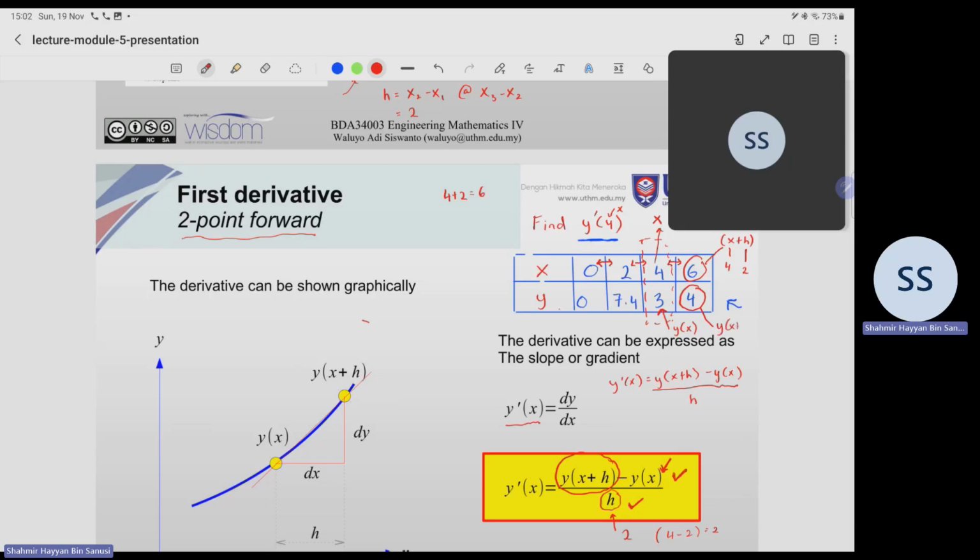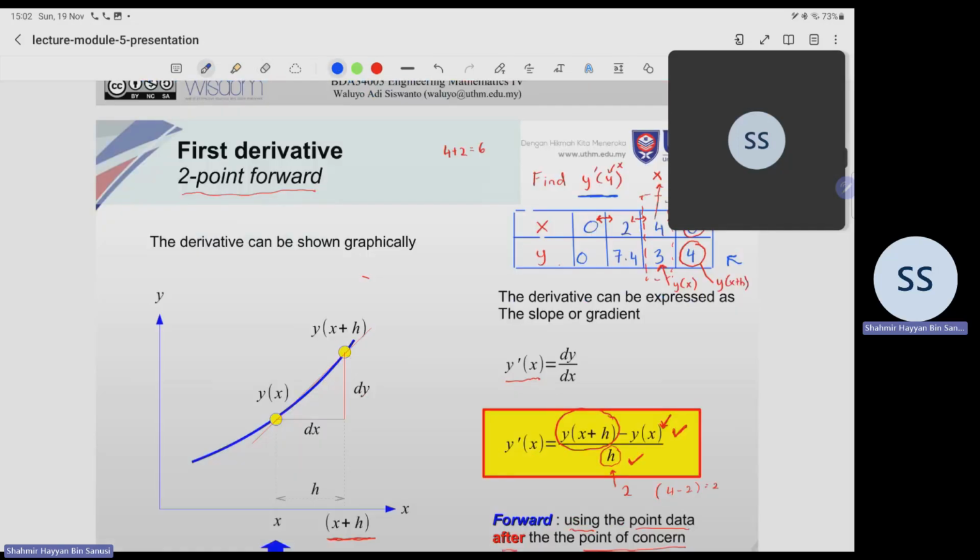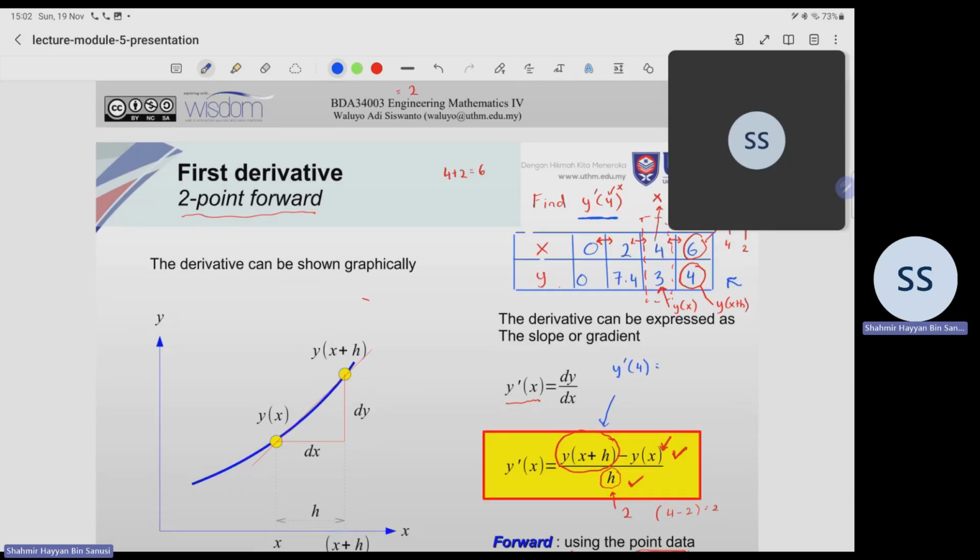So y(x plus h) is equal to 4. If I replace back all the values in this equation, y prime 4 is equal to y(x plus h), which is 4, minus y(x), which is 3, over h, which is 2. So you get the answer of 0.5.